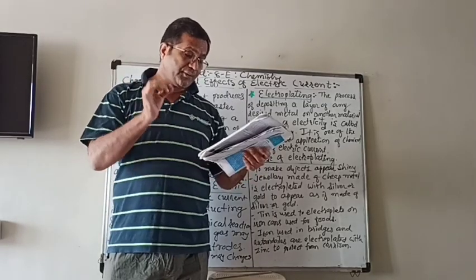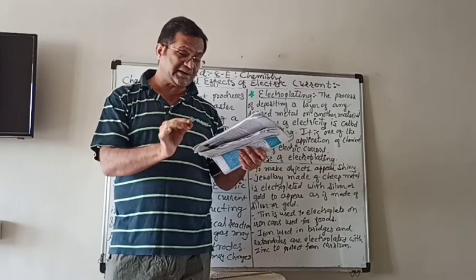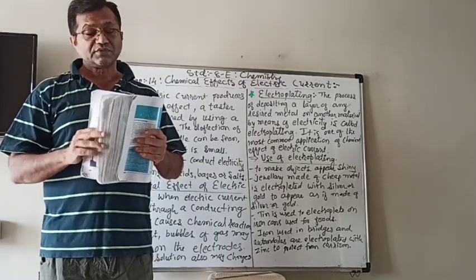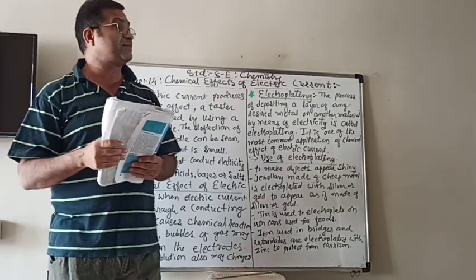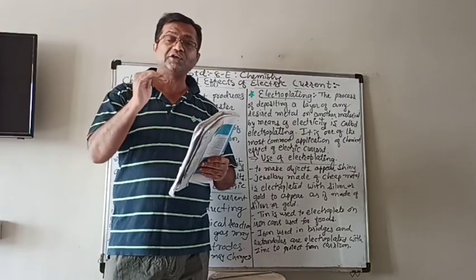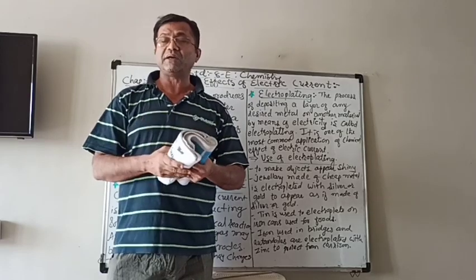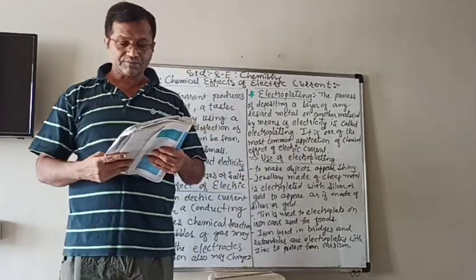It is polluting waste, and there are specific disposal guidelines to protect the environment. So if factories are doing electroplating processes, they must be careful. They must follow the guidelines given by the government so that they do not pollute the environment.